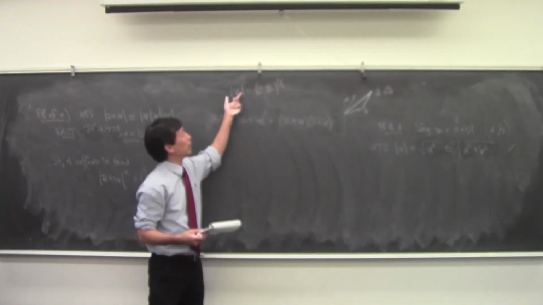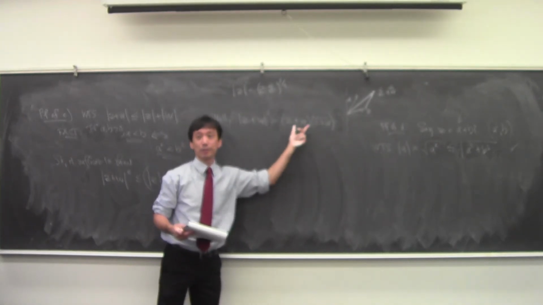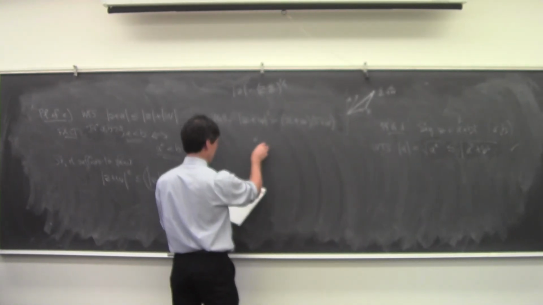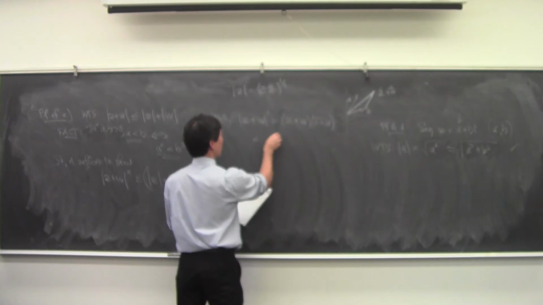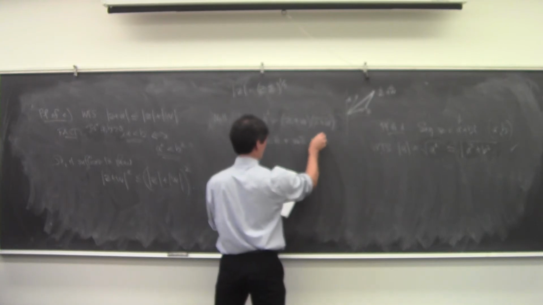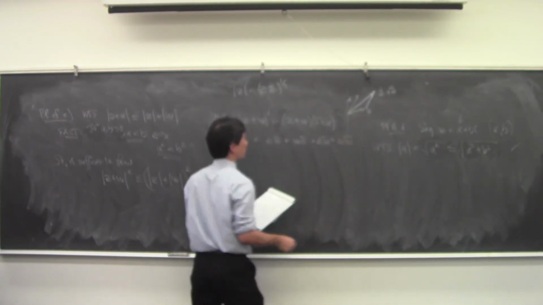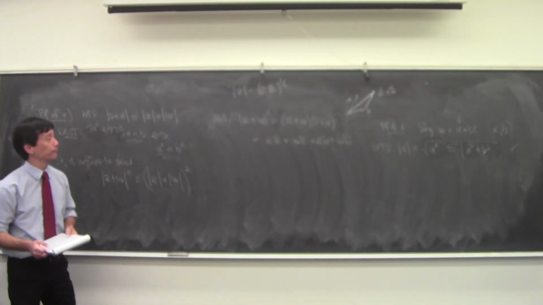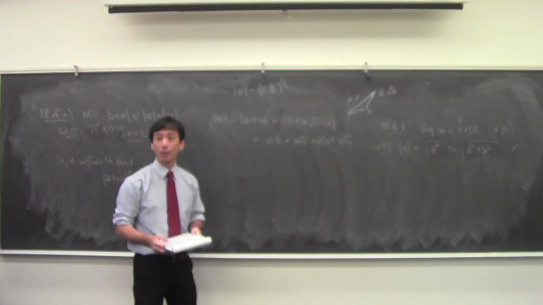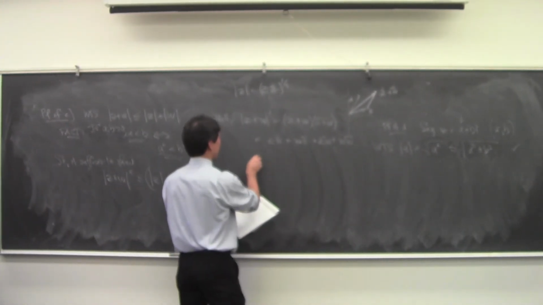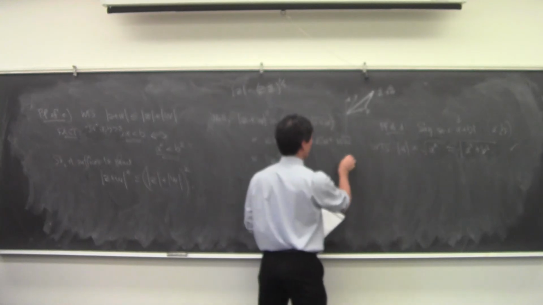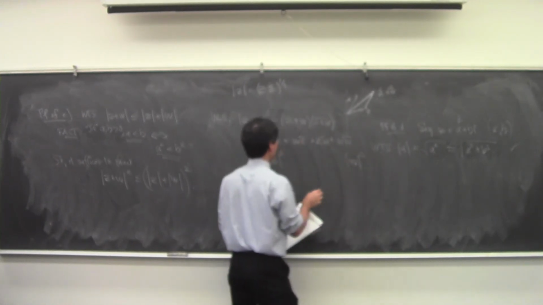So I'm looking at the square of it, I just get this modulus. Okay, so then we write it out. So this is zz bar plus wz bar plus zw bar plus ww bar, which I'm going to rewrite as the modulus of z squared, and over here the modulus of w squared.